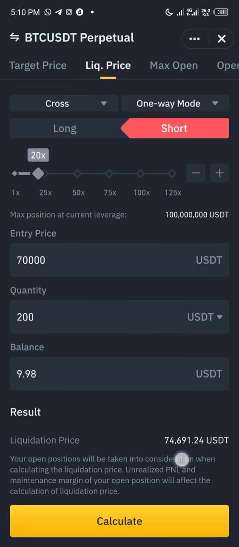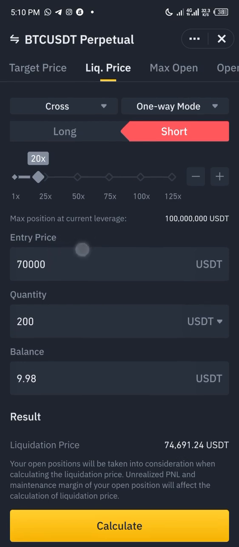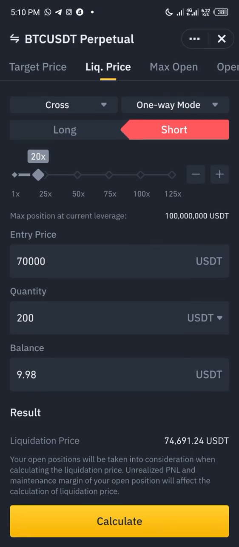This liquidation price is telling me that if the price of Bitcoin can ever rise from this entry price, which is $70,000, to 74,691, that is, if the price of Bitcoin rose from $70,000 to $74,000, I'm going to lose all my money because I'm taking short position. So that's how you calculate your liquidation price for both long position and short position.